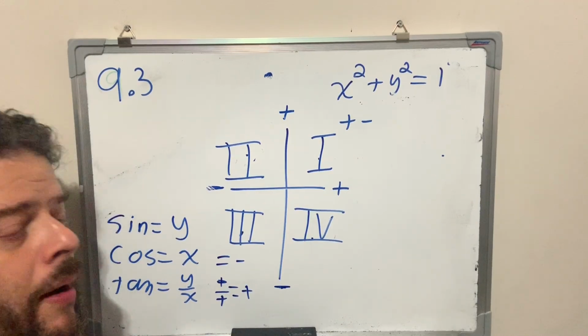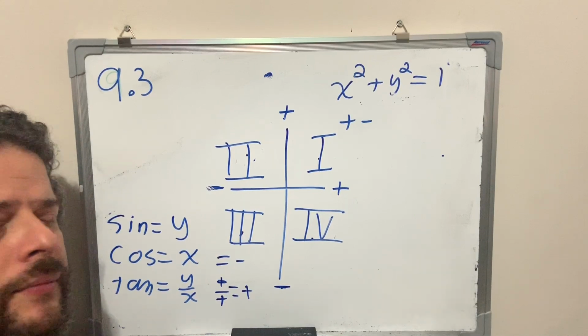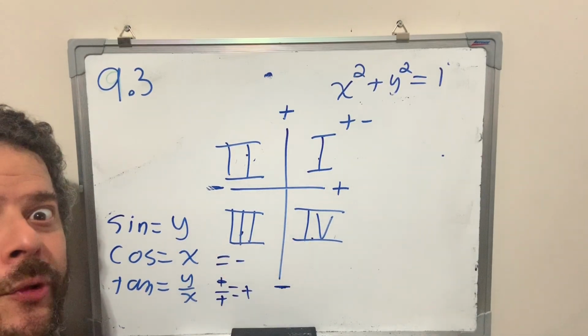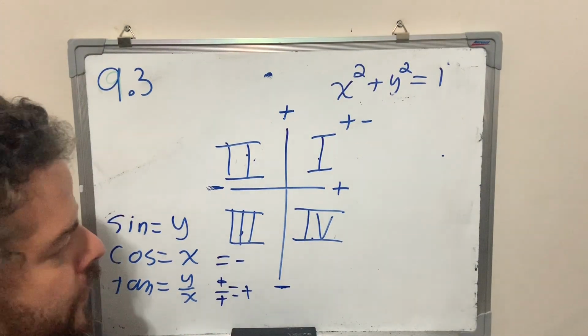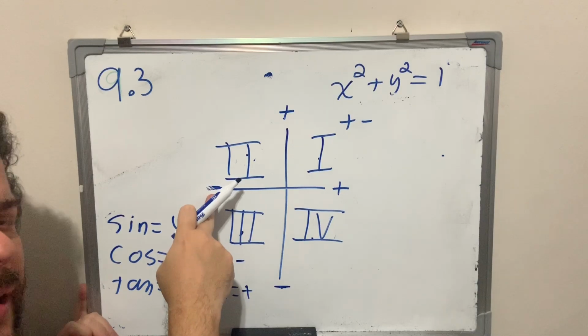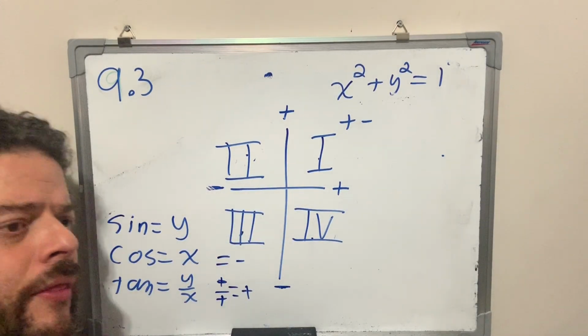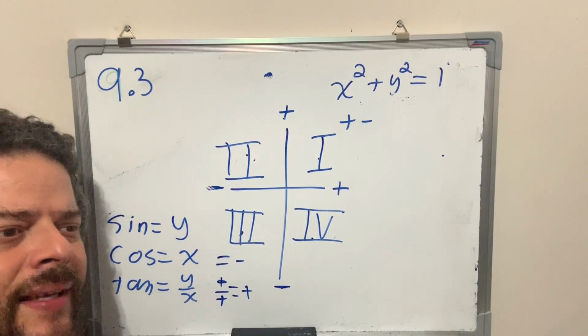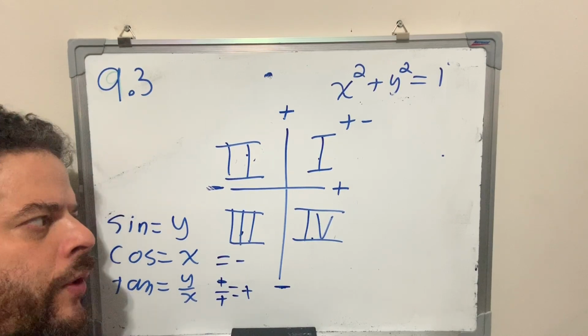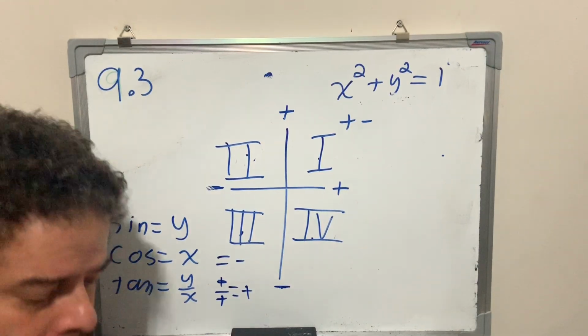In the exam, I'm probably going to ask you, tangent, third quadrant. Tangent, negative over negative. Tangent here in the third quadrant will be positive. There's no need to memorize an entire table full of wacky values when you can understand what's happening in this very simple diagram.